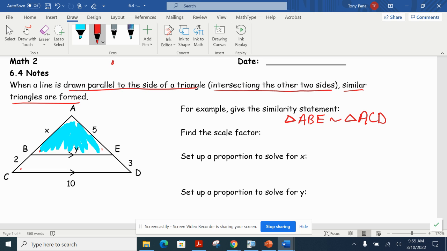All right, if I ask you to find the scale factor, if we look down the left-hand side of the small one, we don't know that, so we don't want to be using the left-hand side of the small one for that. If we look at the bottom of the small one, we don't know that. The only complete set that we know is the right-hand side of the small one, which is 5. So we need to compare that to the right-hand side of the big one.